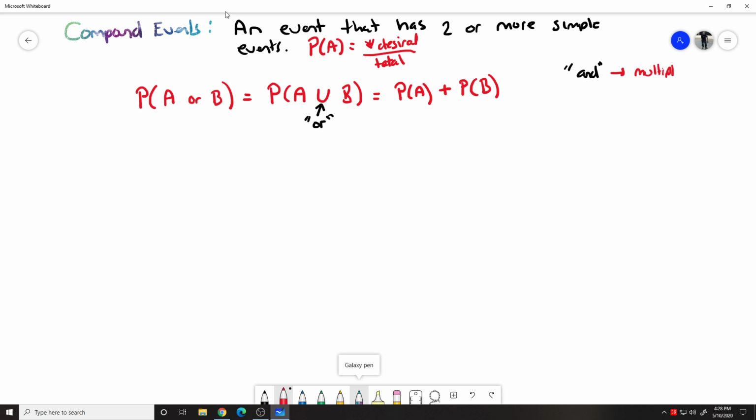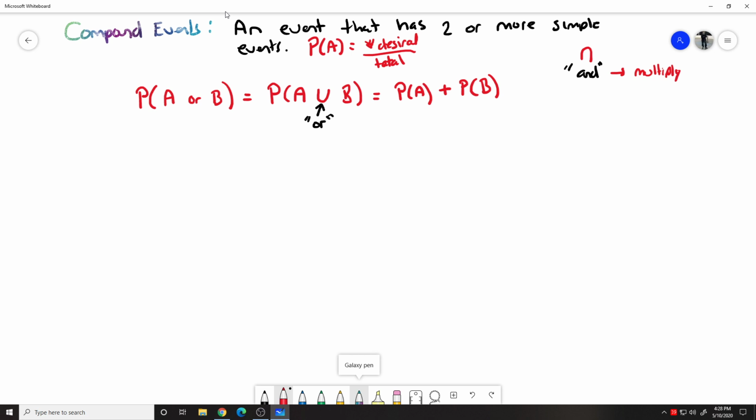So when you see the word and, you think multiply. When you see the word or, this symbol, an upside down U, you know you're adding together.